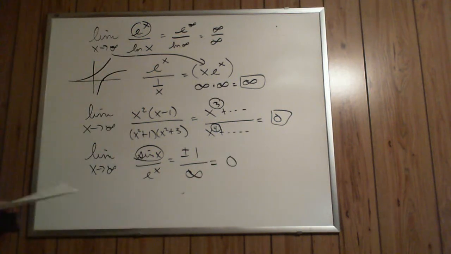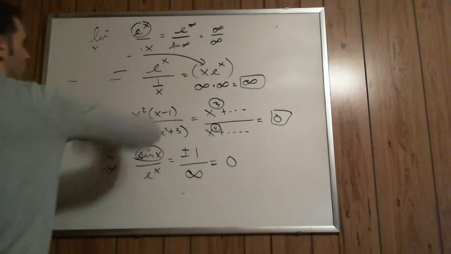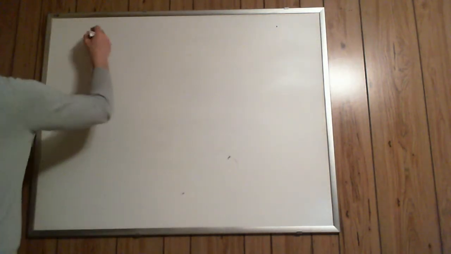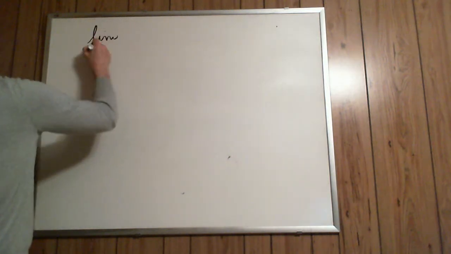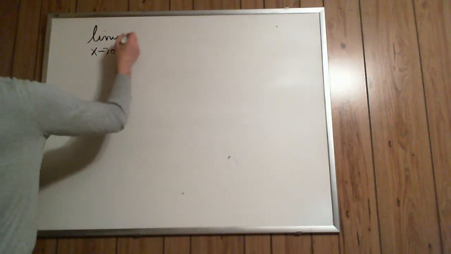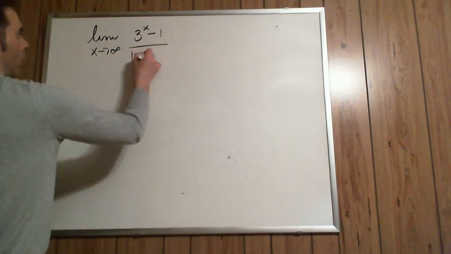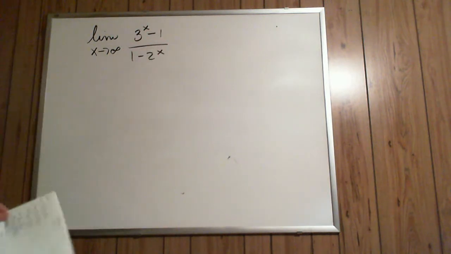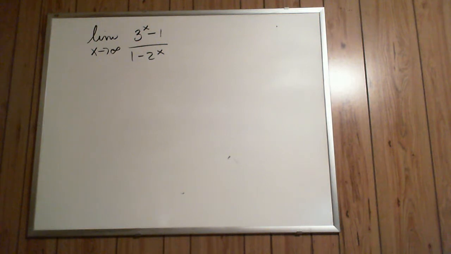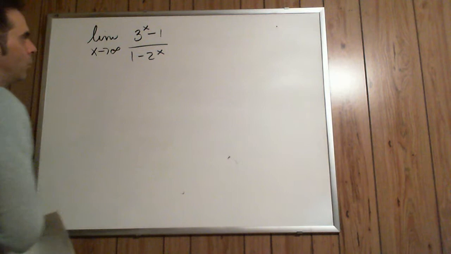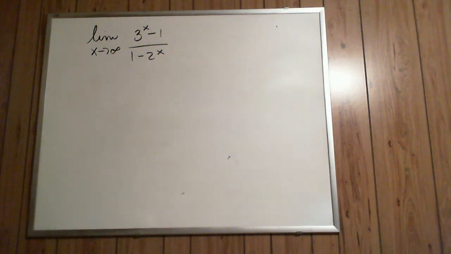And next, two common problems that are often missed are with exponential functions. The limit as x goes to infinity of (3 to the x minus 1) all over (1 minus 2 to the x). Well, again, by direct substitution, we'd put in infinity, and we would get infinity over infinity.